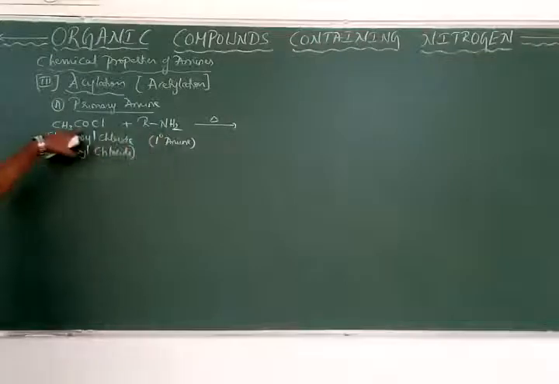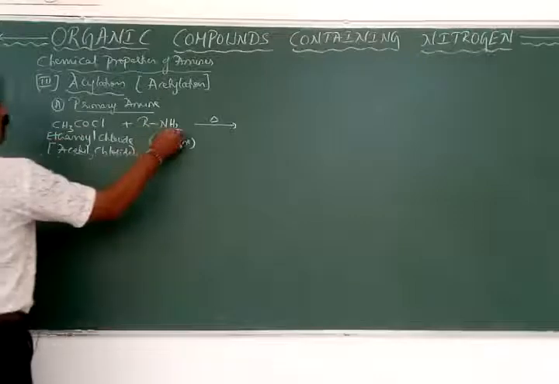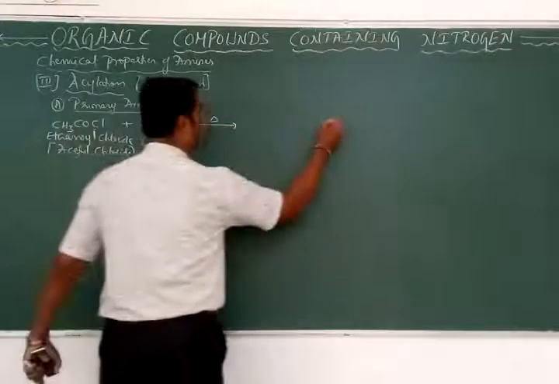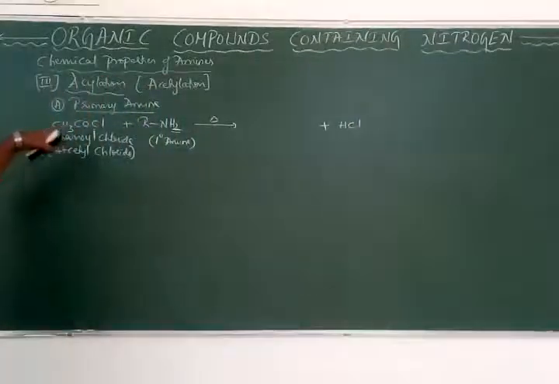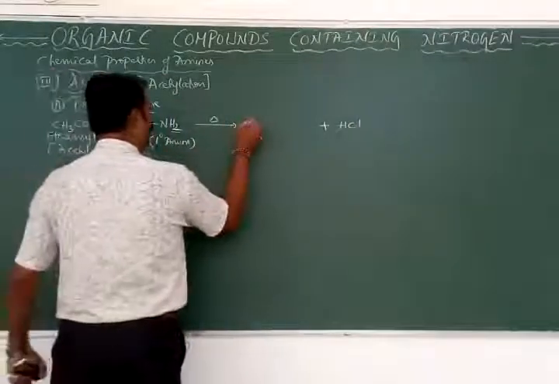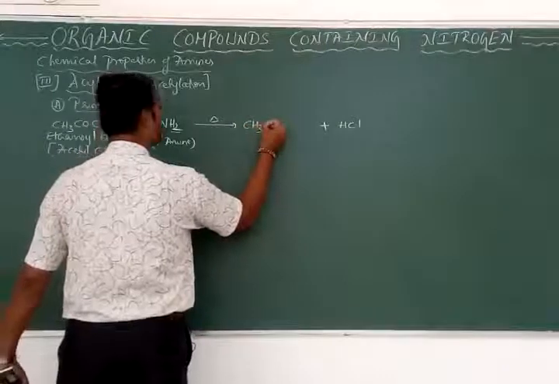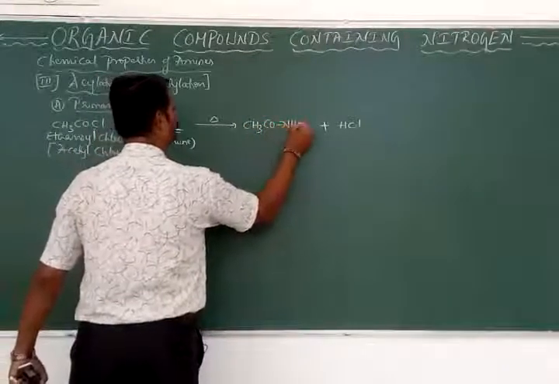When primary amines are made to react with acetyl chloride or acyl chloride, H with the Cl is removed in the form of HCl, plus here CH3CONHR.